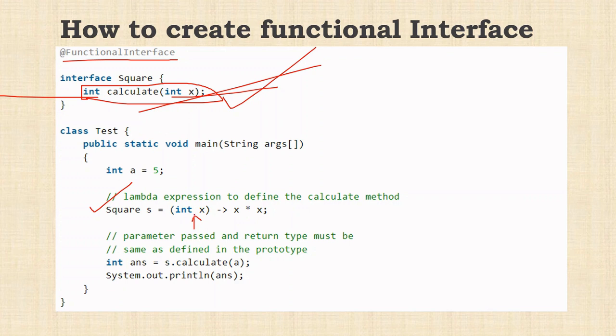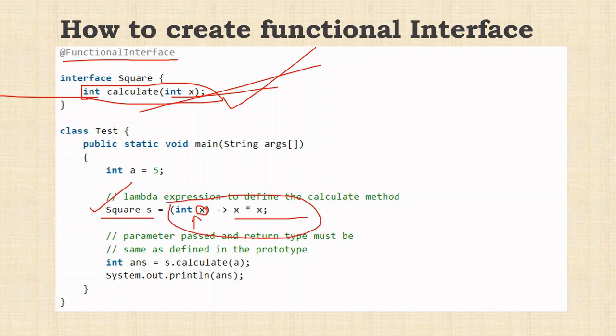So with int x, we are taking x as an argument, and we are doing some calculation with it, that means x into x. So we are calculating the square here. This is the reference of our functional interface, so Square s is equal to, and we can write the logic like this.